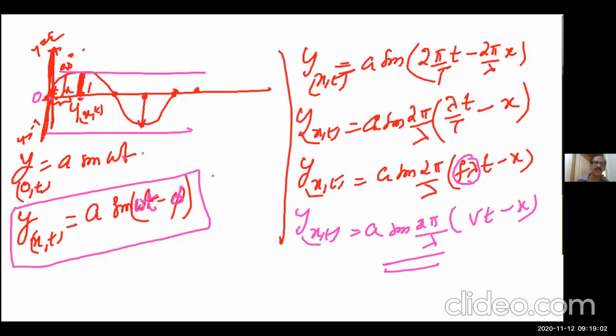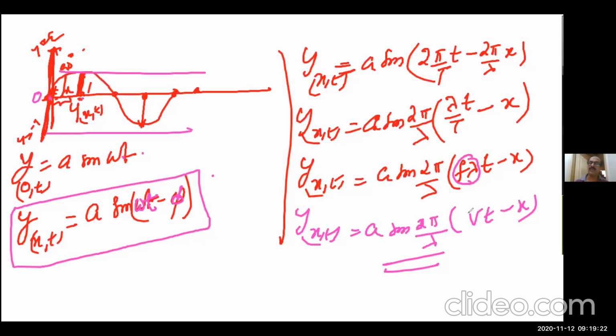And substitute for omega. y(x,t) equals A sine, omega is 2 pi by T into t, and phi is 2 pi by lambda into x. Then 2 pi by lambda take outside. So for this lambda, I put 1 lambda onto the numerator, and 1 by T is frequency.